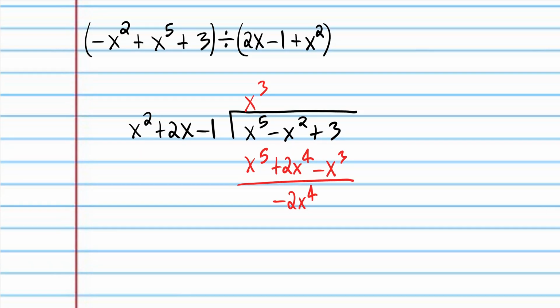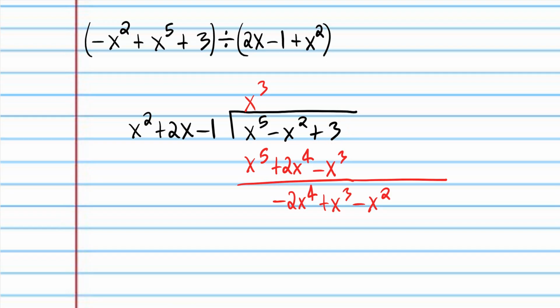And we're going to subtract negative x cubed, but there's no x cubed up here. So that means we're just going to write plus x cubed. And we have a negative x squared, but there's no x squared down here. So we're just going to write the result when we subtract nothing from negative x squared. And we have 3.